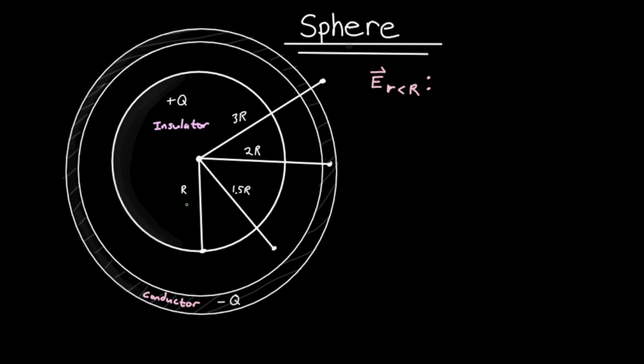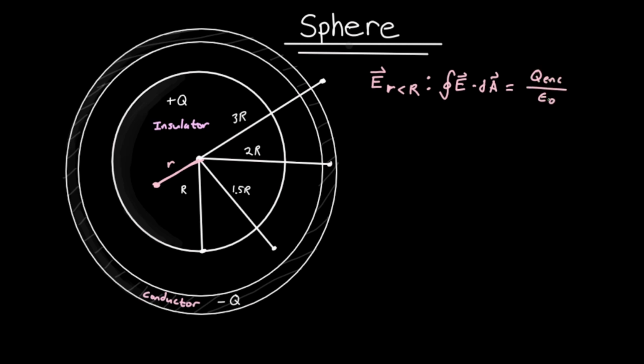Let's now consider the electric field for a Gaussian surface of radius small r is less than big R. So, writing Gauss's law, we have the integral of E dot dA equals the enclosed charge over epsilon naught.